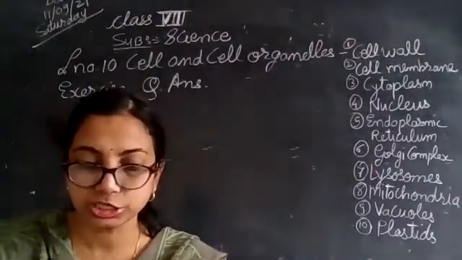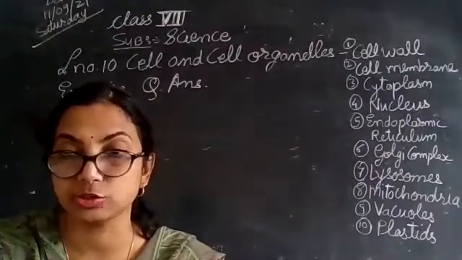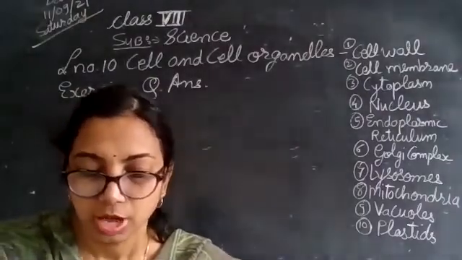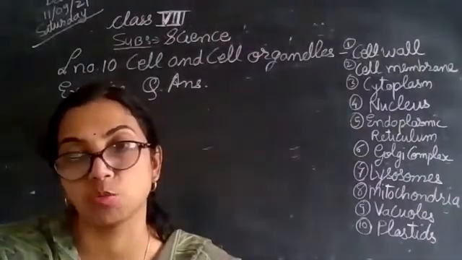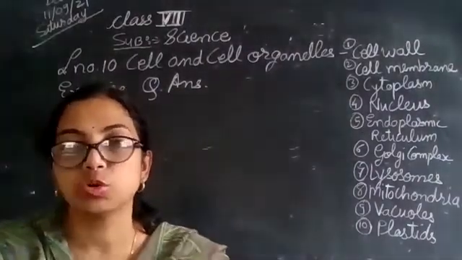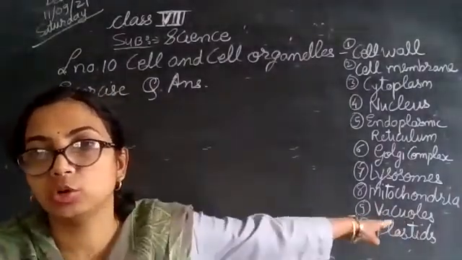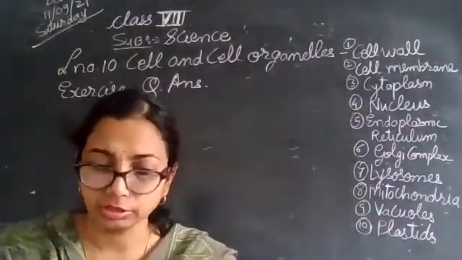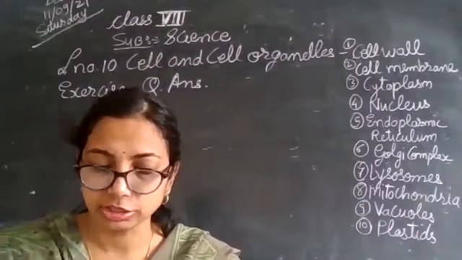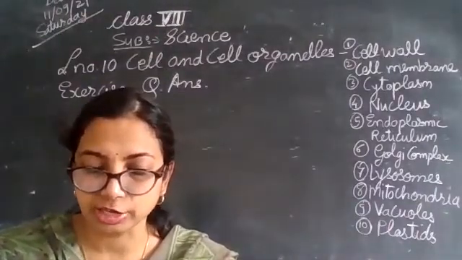So the answer to the first one is mitochondria. The second one, I am single layered but maintain cellular osmotic pressure. Osmotic pressure, we all know, is maintained by the vacuole, and it is the only one covered with a single outside layer, a single membrane. So the second answer is vacuole.